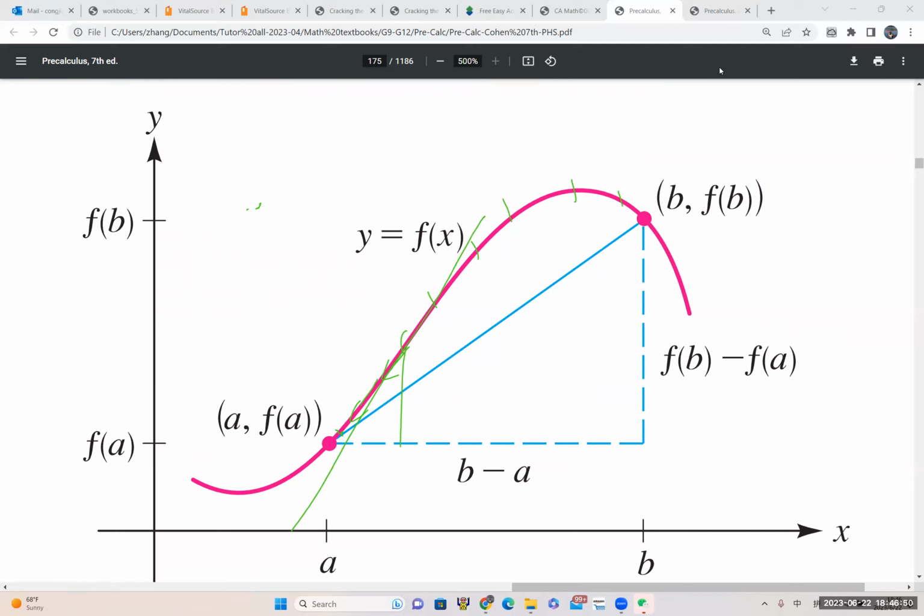Then they are just like 1 point. Then the average rate of change goes to the instantaneous rate of change, meaning just at this place. So that's the idea in calculus. But the basic thing is to calculate the average rate of change, right? Just make sure you can do it very well.